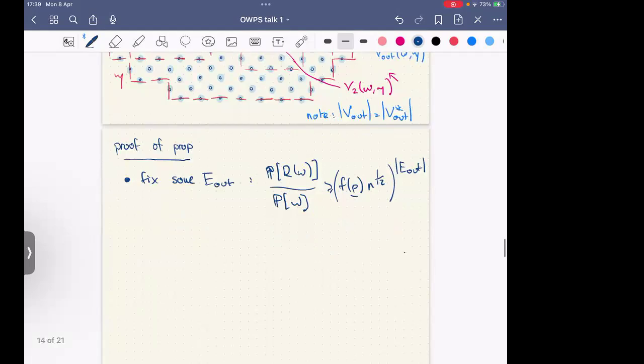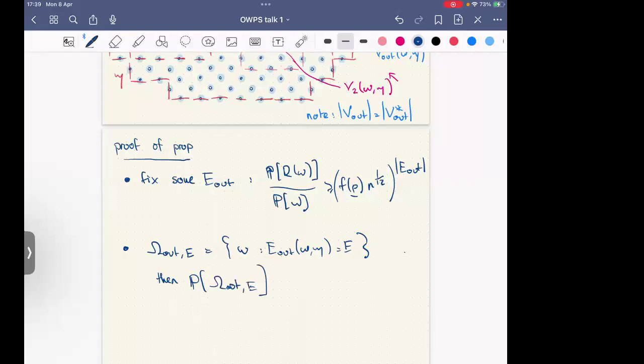Then we let omega out comma E be the configurations such that E out of omega gamma is equal to our E. So if all of the omegas have this fixed E out, then we can bound the probability of omega out E. And we'll get this is less or equal to 3 to the 1/2 mod E, and then again some function of p, n to the 1/12 to the minus mod E. And that's great.